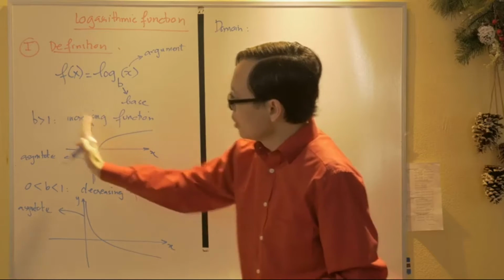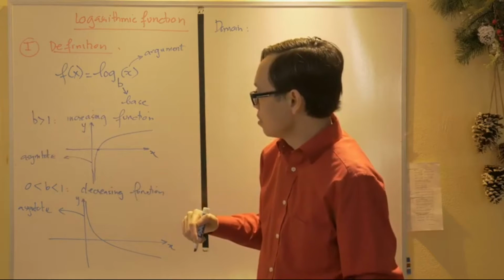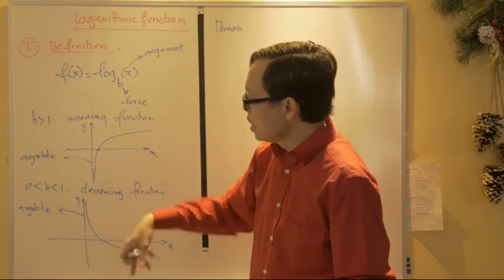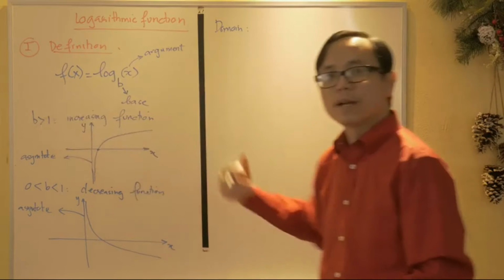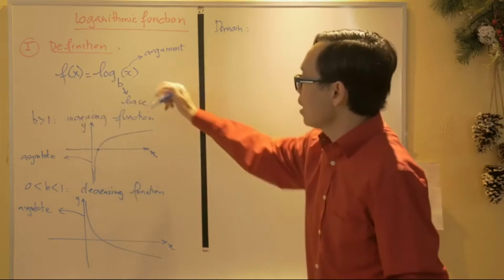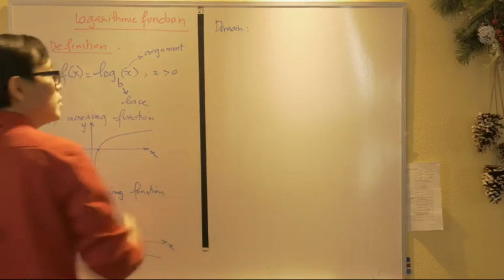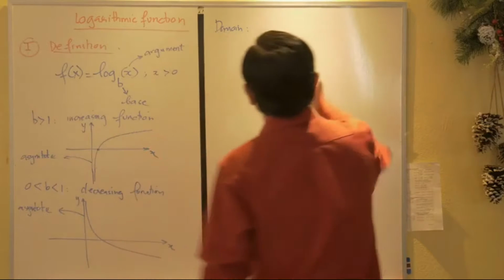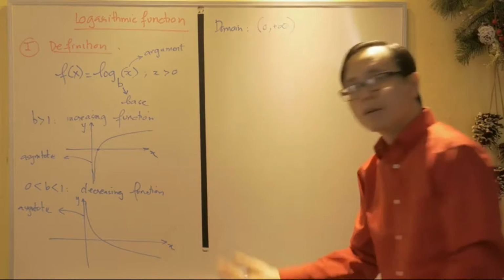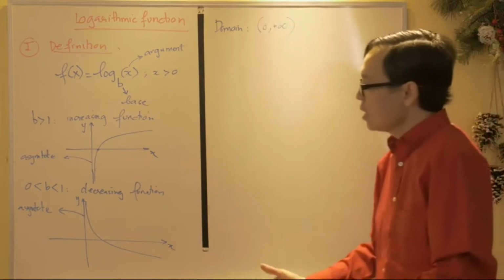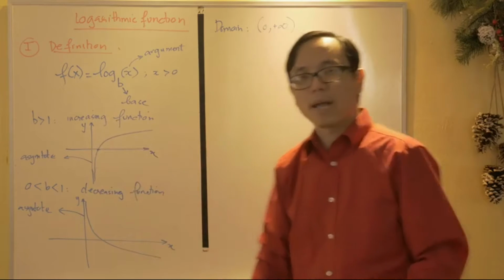We don't have the curve on the left-hand side, and it never crosses 0. So no matter whether it's increasing or decreasing, the domain is always x greater than 0. So the domain will be 0 to positive infinity, not including 0, because it never crosses the vertical asymptote, the y-axis.